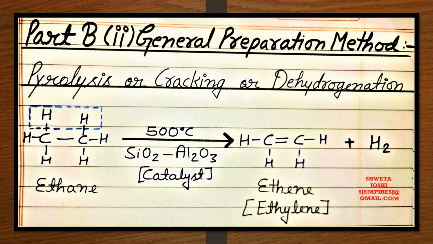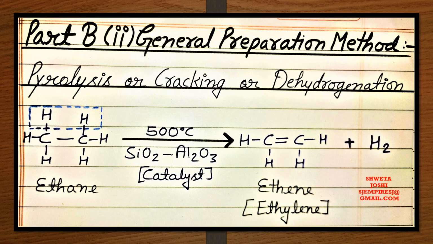Since in this case at elevated temperature compound is decomposed, that is why the reaction is pyrolysis, since pyro means heat and lysis means decomposition. So for the preparation of ethene, we have to take ethane on reactant side, heat it up at 500 degrees Celsius temperature in the presence of SiO2 and Al2O3 catalyst.